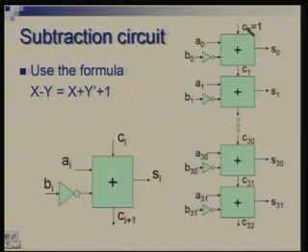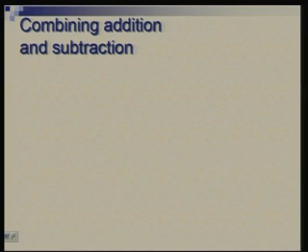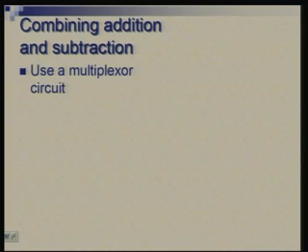Now, with these two circuits for adder and subtractor, we can see easily that they can be combined. There is a slight difference. We can combine and come up with a single circuit by using a multiplexer. What a multiplexer does is it selects one of the many inputs it has. In our case the choice is between taking the Bi bits directly or through the inverter.